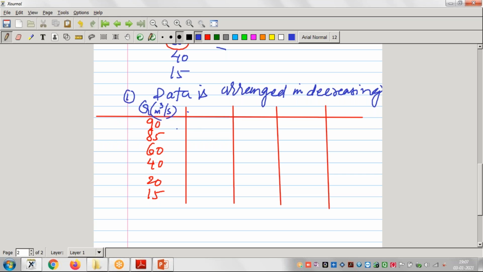This is very high. Obviously, even in class, whoever has the highest number, we give them rank one, right? The same thing is here. This 90 is very high, so rank is one, then two, then three, four, five, six, seven, likewise. And this total number is how much? This total number is 7. So we say this capital N is equal to 7, because 1, 2, 3, 4, 5, 6, 7.